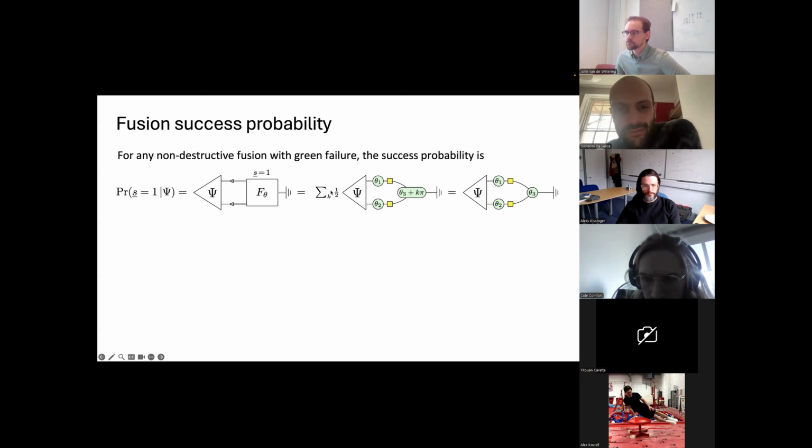And this 1/2 actually comes from the star that we had in the diagram before. So yeah, here I'm skipping some steps. There are more details in the paper, but the sum is basically because you're discarding the classical output, and the 1/2 is because of the stars that are in there. So the coefficients. So it's not a probability here. Okay.